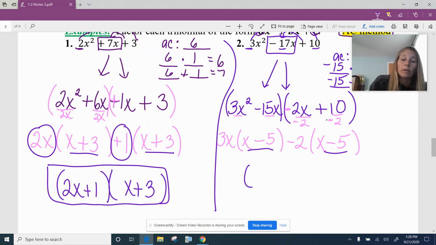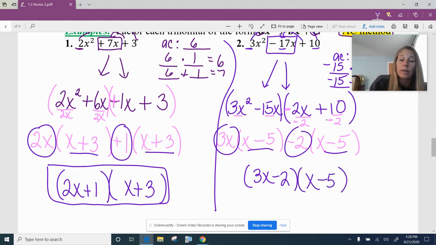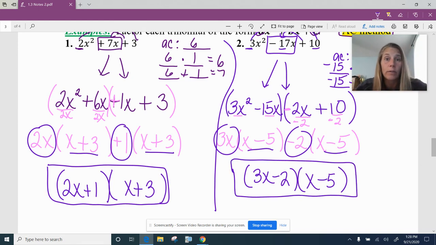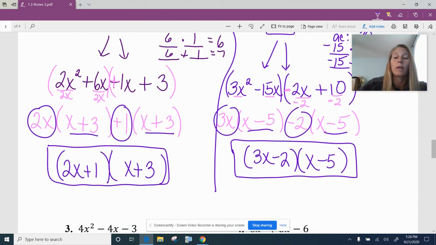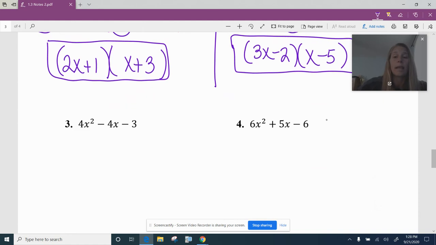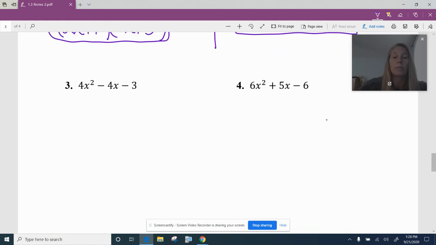So now my final answer is going to be 3x minus 2. That was just those 2 GCFs put together. And my second parenthesis would be x minus 5. Or you could switch the order if you want to write x minus 5 in the first parenthesis and 3x minus 2 in the second. It's the same thing. All right, so we got 2 more of these AC method type problems.